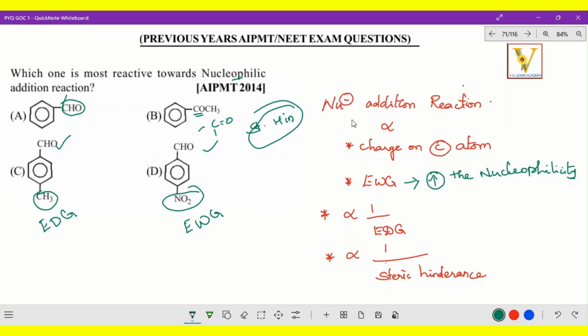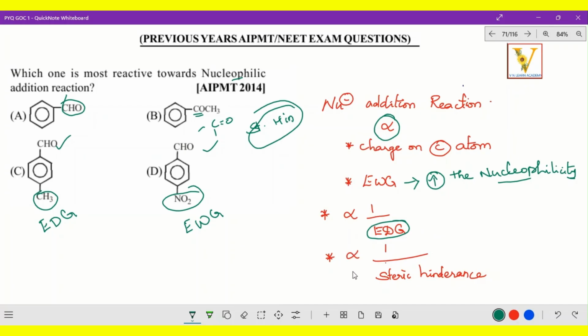So here I would like to mention all these hint points: nucleophilic addition reaction is directly proportional to the charge on the carbon atom and directly proportional to electron withdrawing groups. So an electron withdrawing group will increase the reactivity, and it is inversely proportional to electron donating groups. If an electron donating group is available, that will not favor nucleophilic addition reaction.